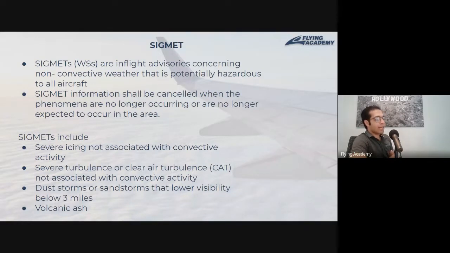And volcanic ash: if volcanoes are erupting, you will have a SIGMET as well. Over Michigan and places like that, they're always having some sort of low visibility because of volcanic ash, and they always have SIGMETs available.